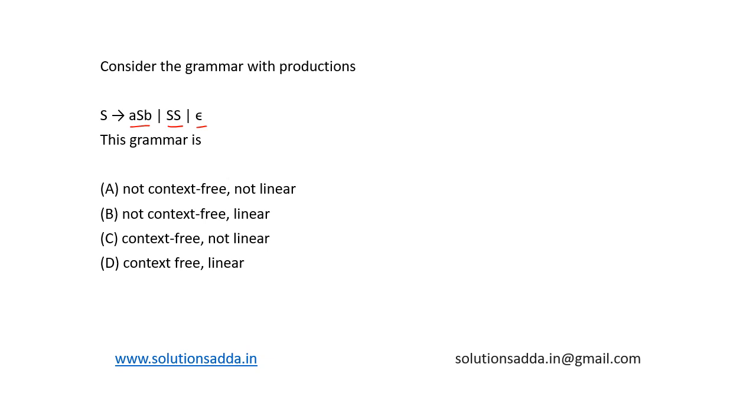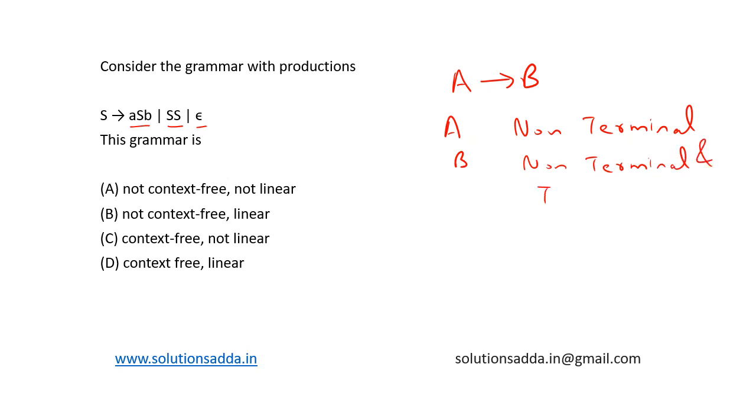According to the Chomsky hierarchy, context-free grammars are those grammars with productions which follow the production rule of the form A derives B, where A is a non-terminal and B is a set of non-terminals and terminals. So the given grammar follows this hierarchy. So it is a context-free grammar. So option A and B are not valid here.